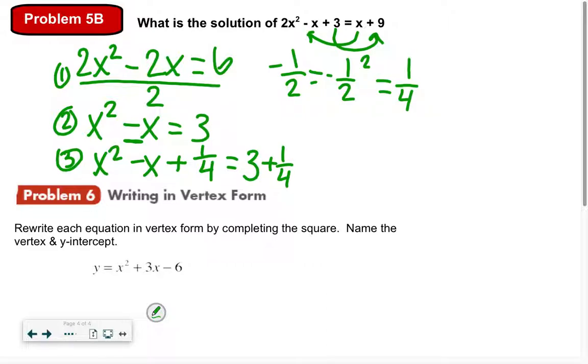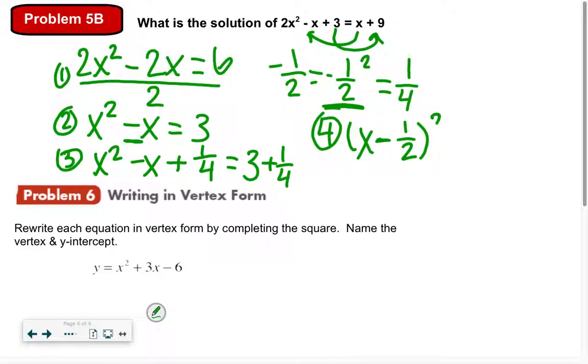Okay, next step, make the left a parentheses squared. So I'm going to have x minus, right? The sign's a minus. What number goes back here? 1/2. The number that you squared. That also tells you what sign to use.